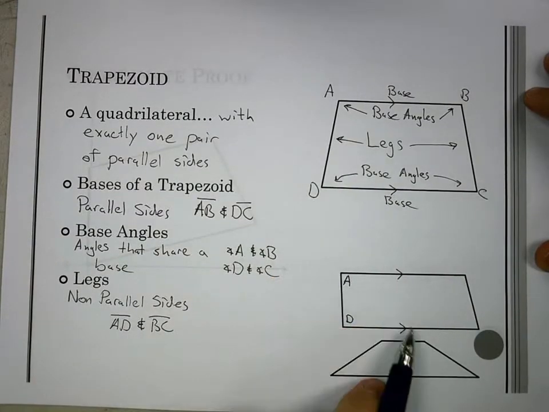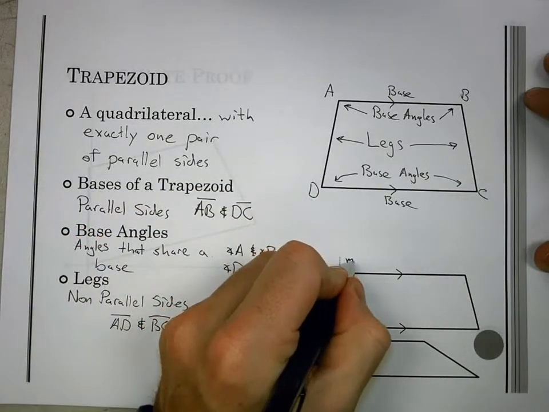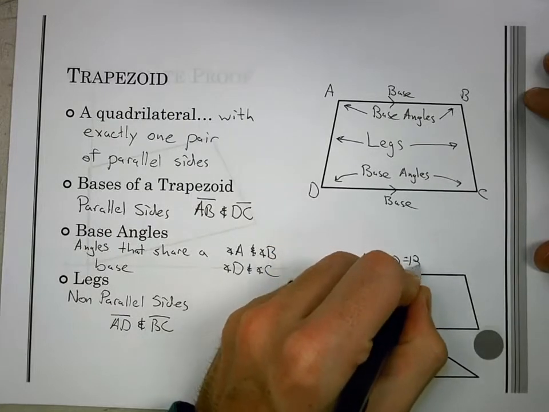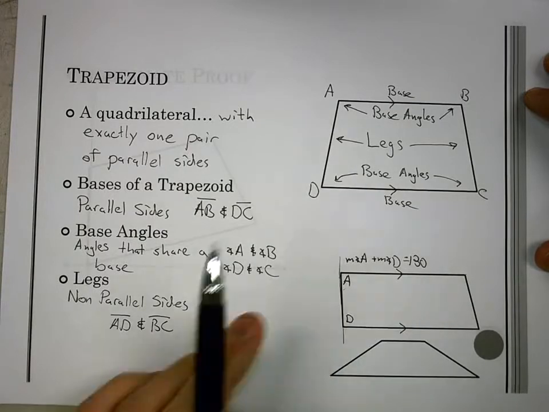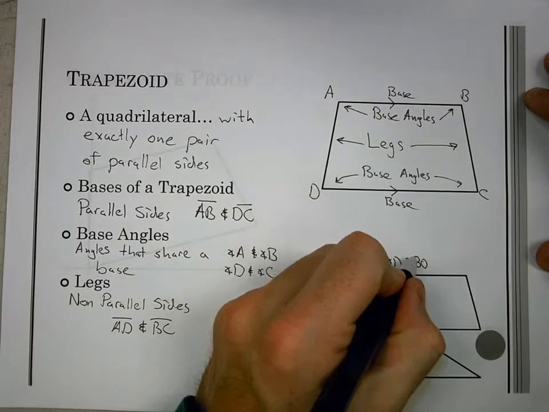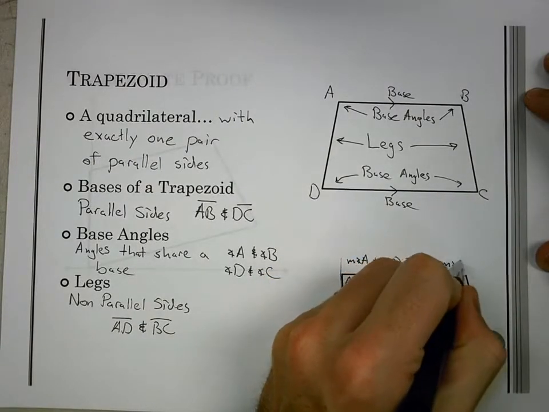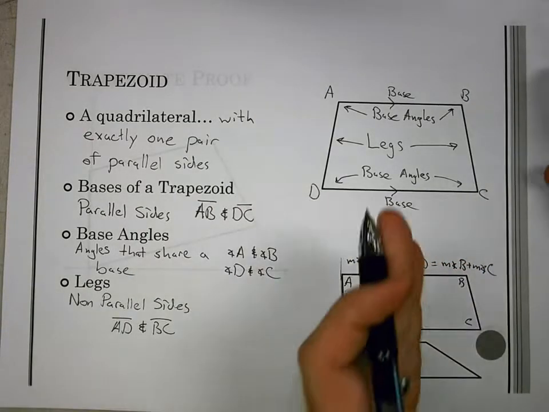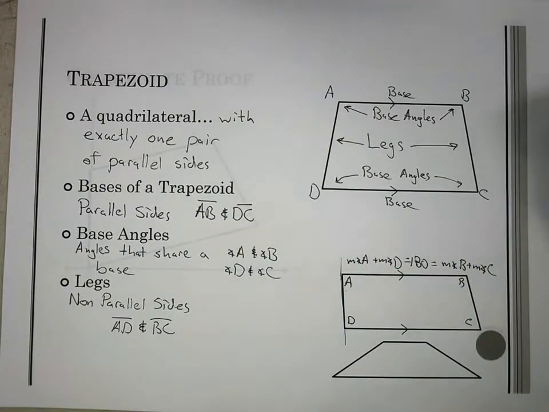Using the fact that these are parallel lines, and I can almost think of this as a transversal, I know that the measure of angle A plus the measure of angle D will be 180 degrees. Those are supplementary angles. If we think back to our parallel lines, those are consecutive interior angles, which turned out to be supplementary. Furthermore, we have B and C here, and the measure of angle B plus the measure of angle C will also be 180 degrees. So we have supplementary angles on either side of the trapezoid.